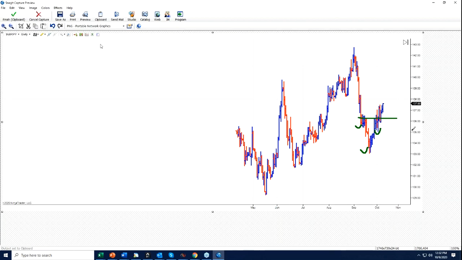You broke out of the neckline. You had this double bottom here, and a lot of reasons that I pointed out why I just felt like it's going to come somewhere into this space. And maybe a lot higher. If this is a real bottom, then this has infinite potential.